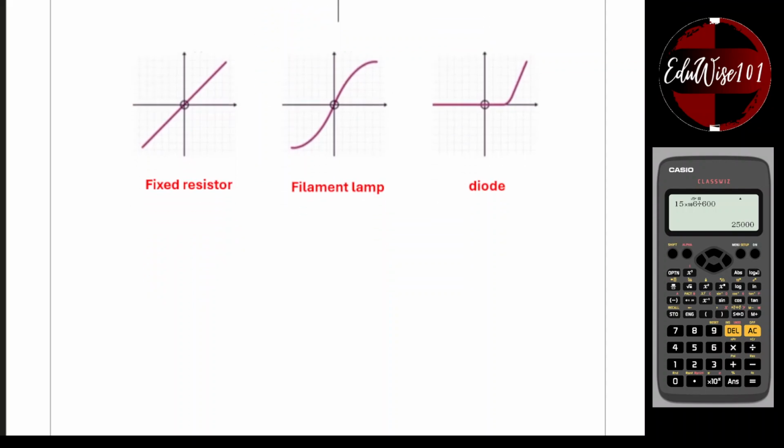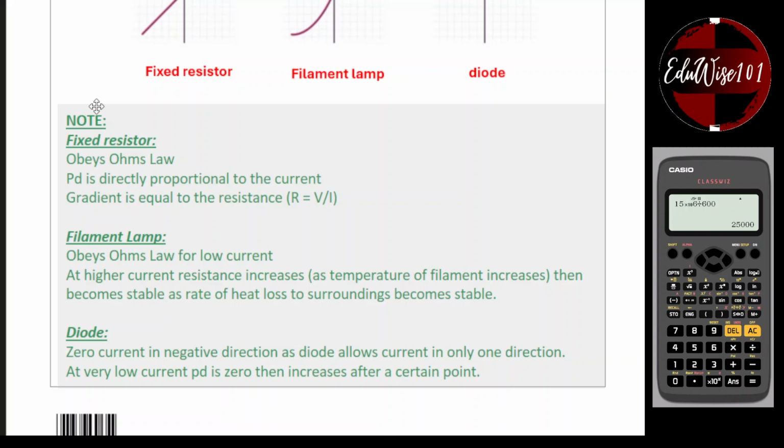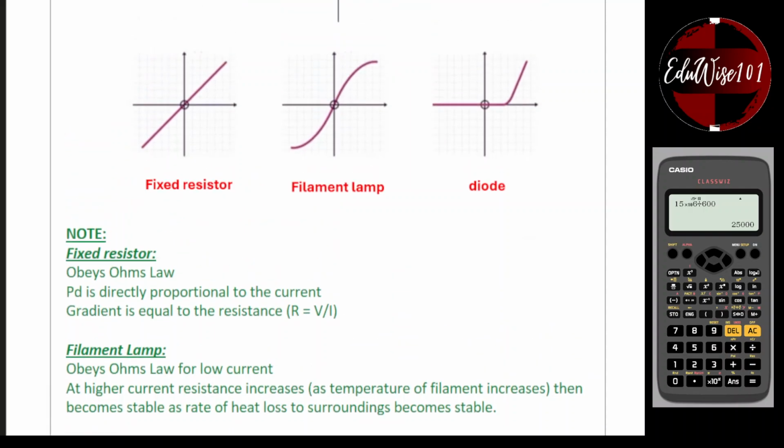So the notes that you would want to write is this. For a fixed resistor, we say that it obeys Ohm's law. If it's a straight line, then we say it's obeying Ohm's law, because Ohm's law says that as the potential difference increases, the current also increases, provided the temperature is kept constant.